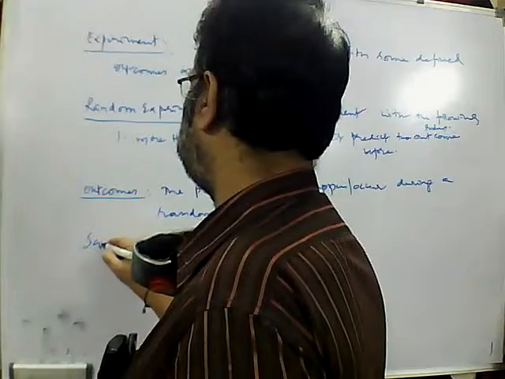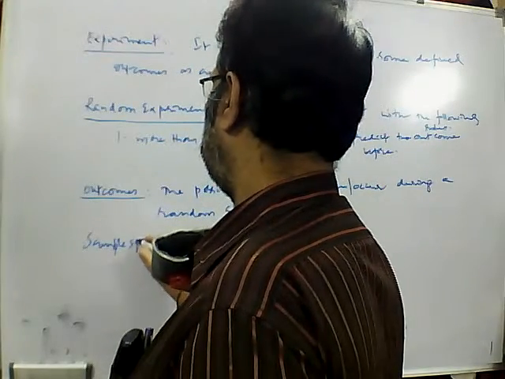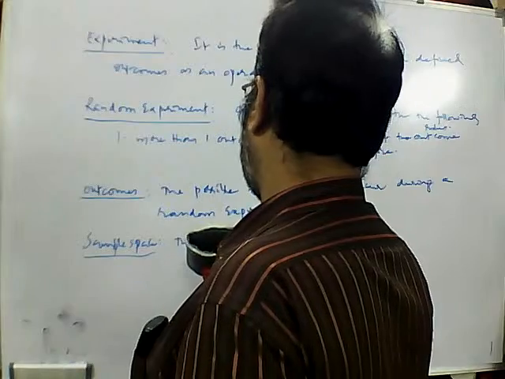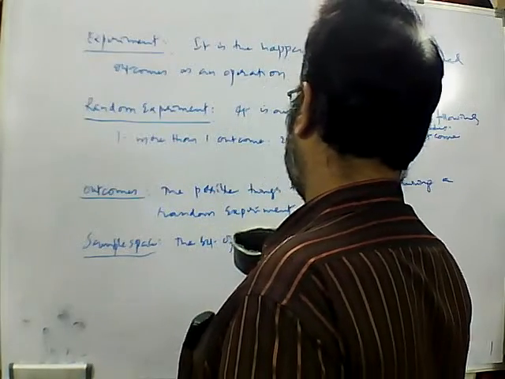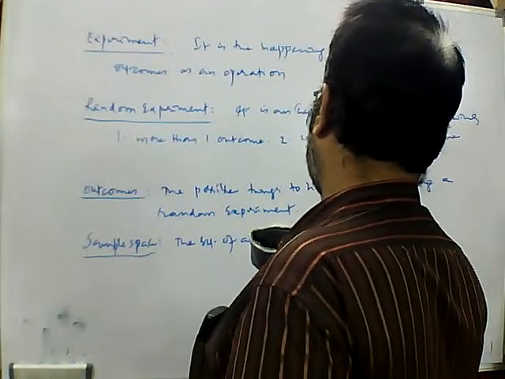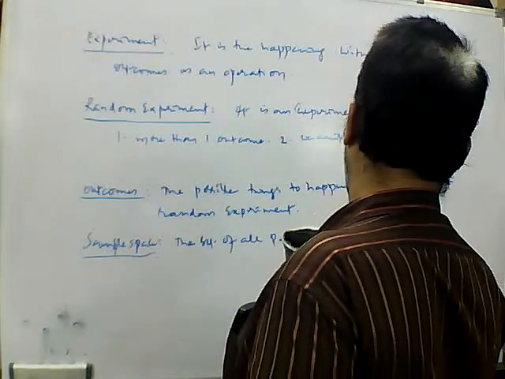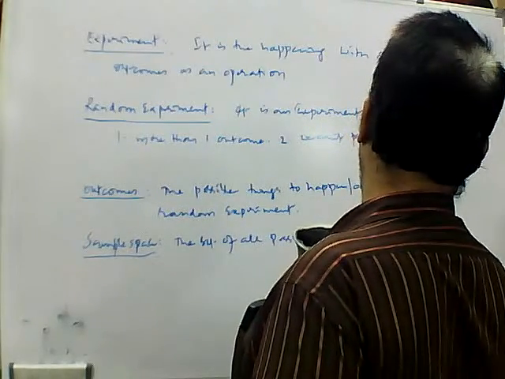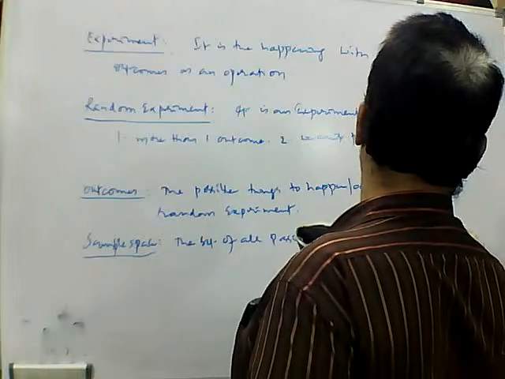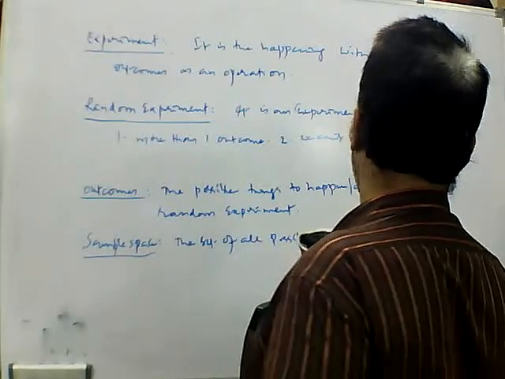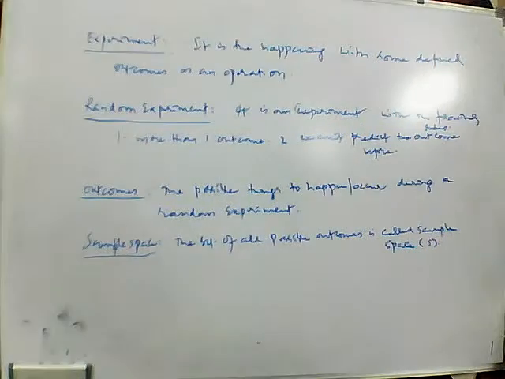Next, sample space. The set of all possible outcomes is called the sample space, denoted with capital S. Right?